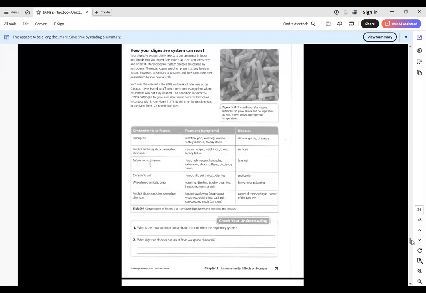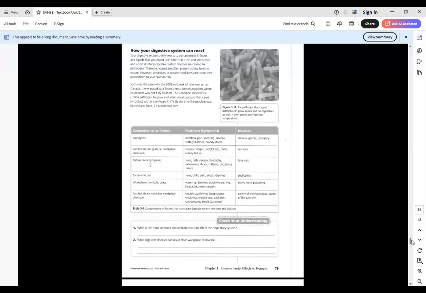So there was an outbreak of listeria, which is a pathogen, and it caused a big sickness, people getting very ill, and they found out it was coming from where they were cutting up meat at a meat packing factory in Toronto. What happened was when they were cutting up and packaging the meat, the equipment wasn't cleaned properly.